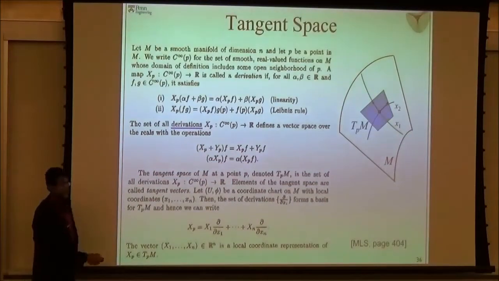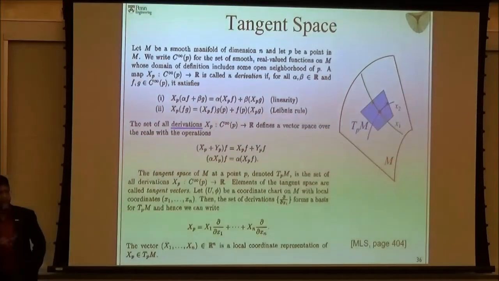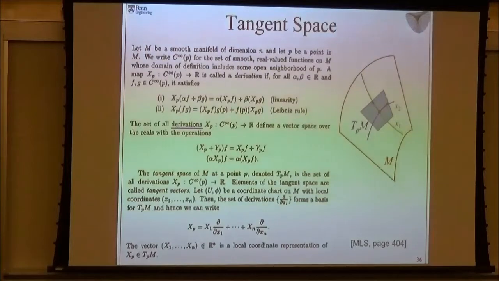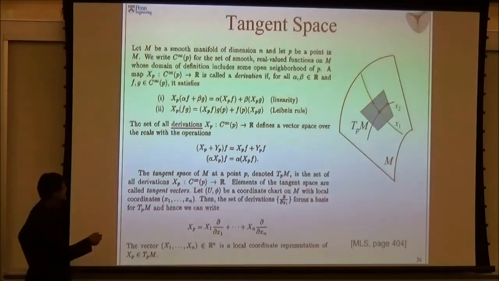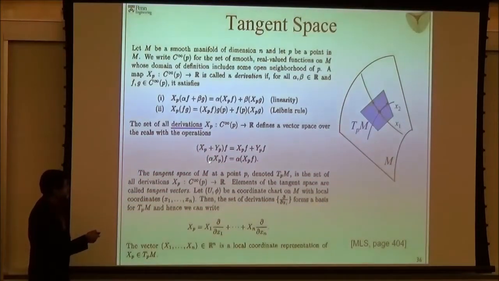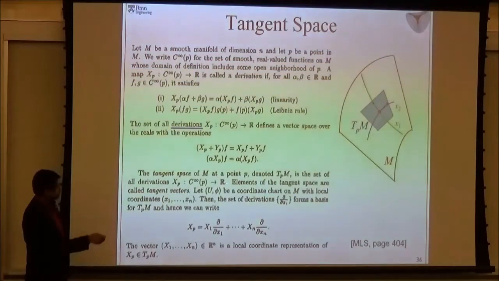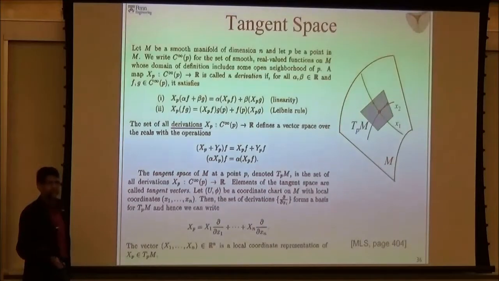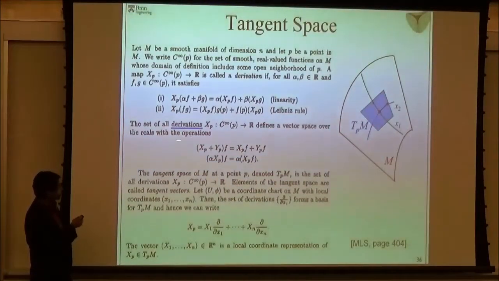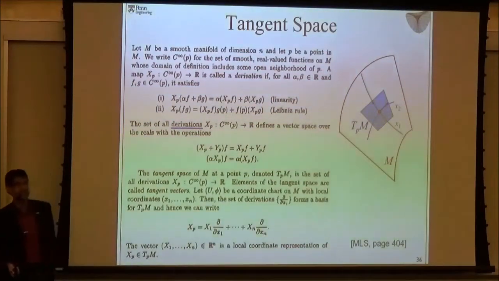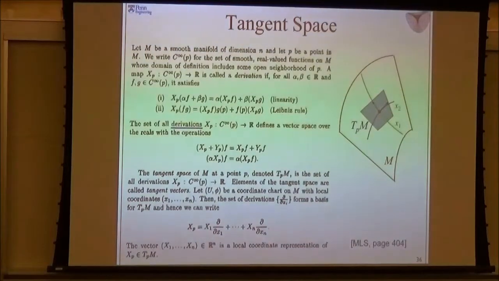And this one is essentially saying that if you have a scalar coefficient, then you can take alpha times Xp, or you do alpha times Xp times f. So this is what you see for vector spaces, and it's not too hard to see that all derivations are in fact vector spaces. So physically, what does this mean?